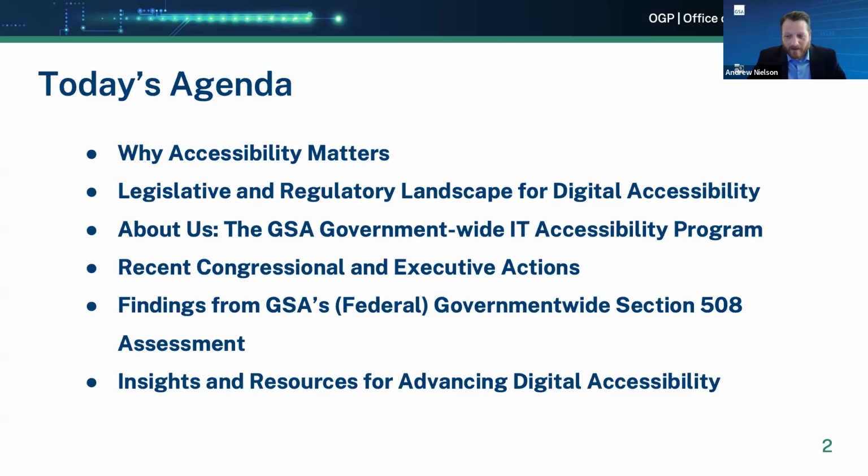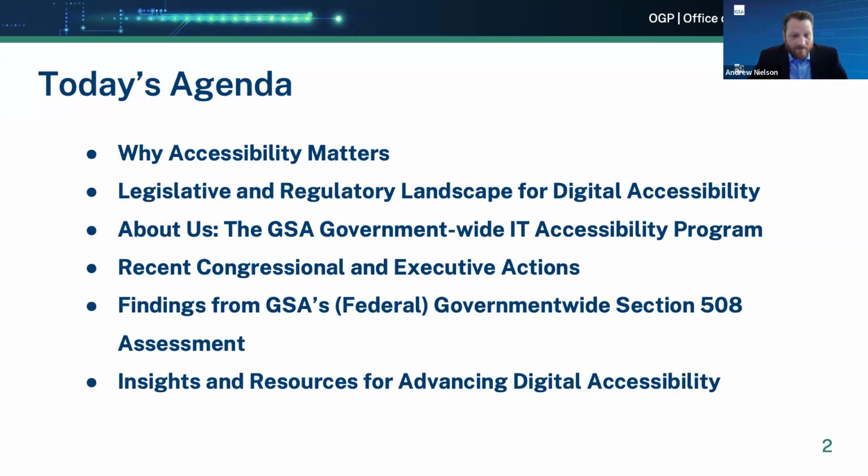I'll talk a little bit more about our program and what we have to offer, including some recent congressional and executive actions and some of our activity to respond to those actions.